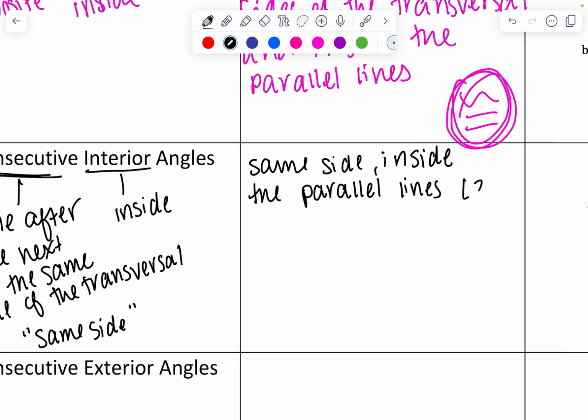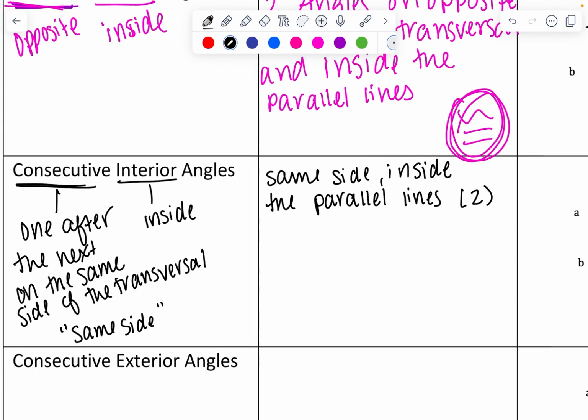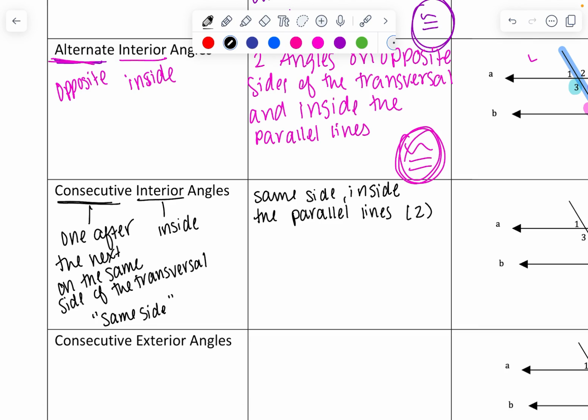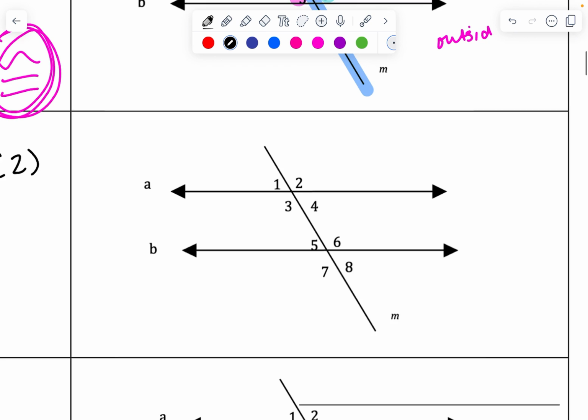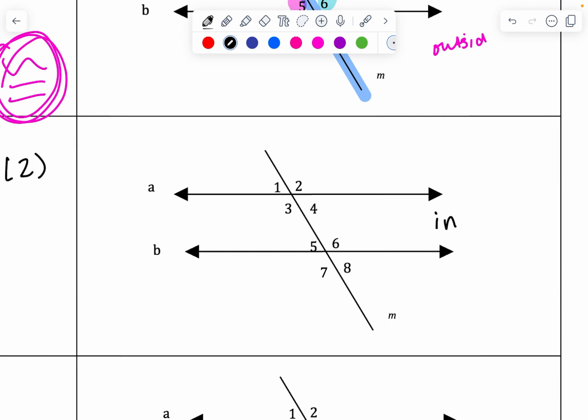Okay, and again, these are two angles. Okay, so again, in, out, left, right.